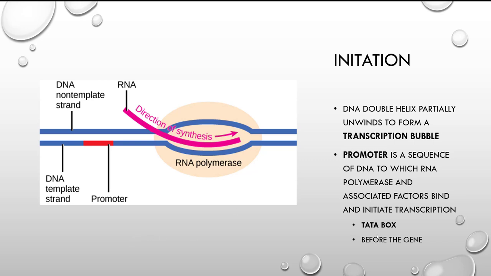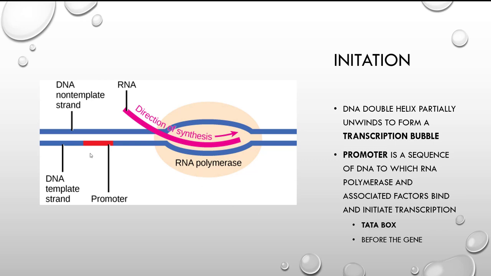Okay, so it starts with TATA. It's called the TATA box, so it's easy to remember. It says TATA, and then it was TTTT, but you don't need to remember that. Just remember the TATA box.